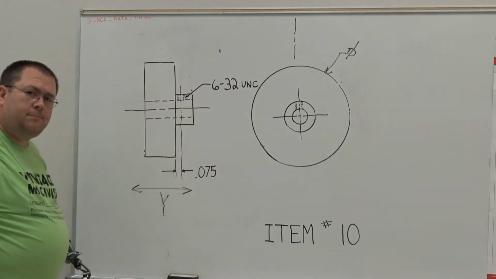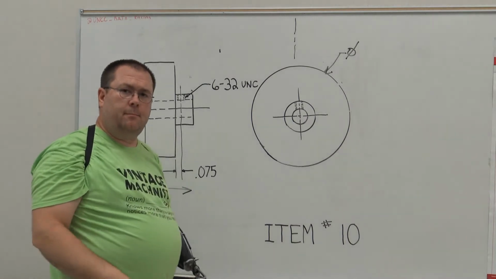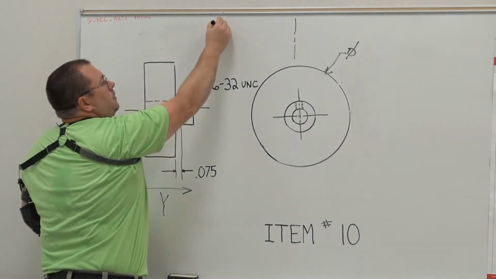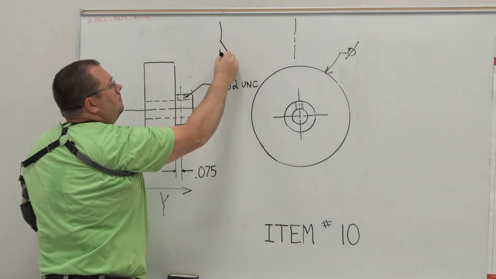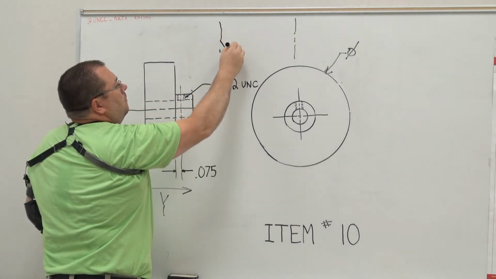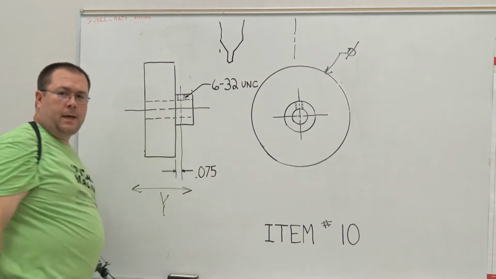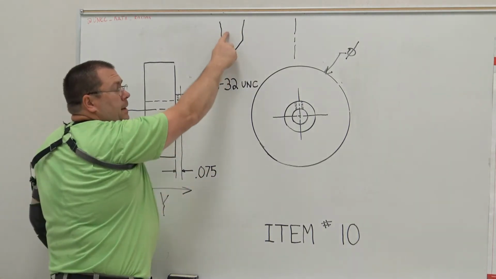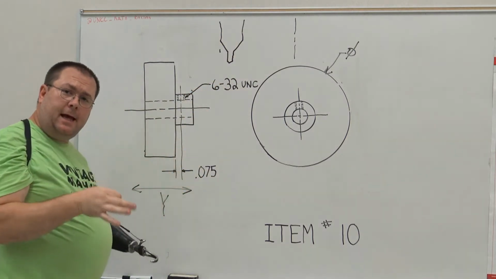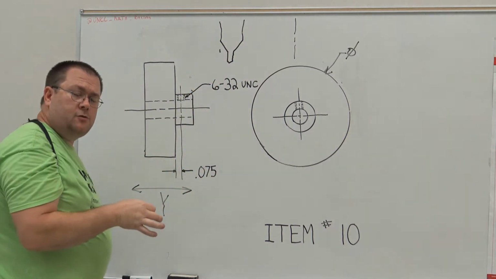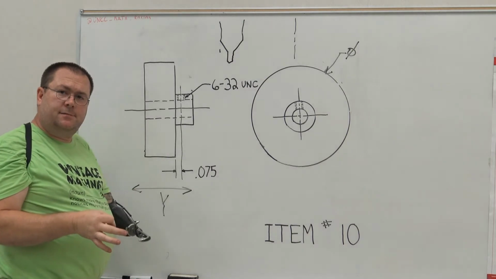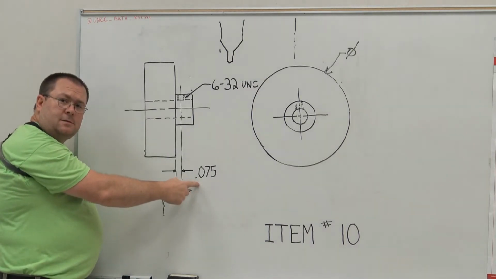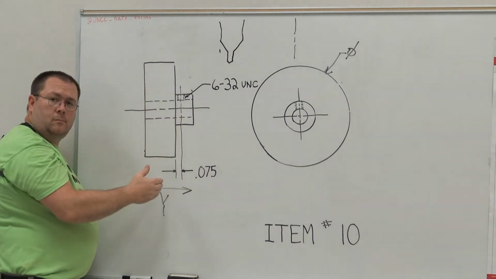what we've used up to this point is a number 2 center drill. A number 2 center drill looks like this. Okay? The major diameter, or the shank diameter, of the number 2 center drill is 3/16 of an inch. Well, I'm sitting 75 thousandths away from that wall.